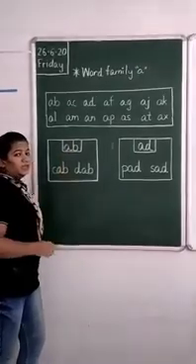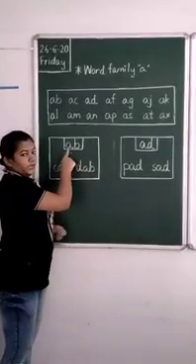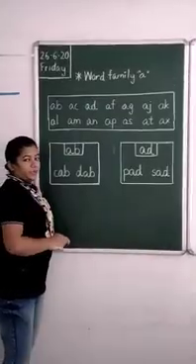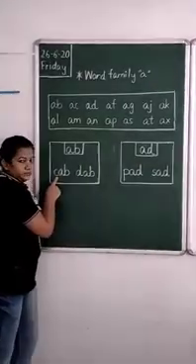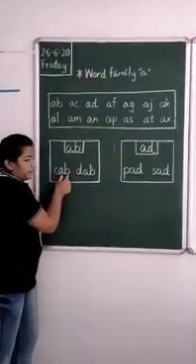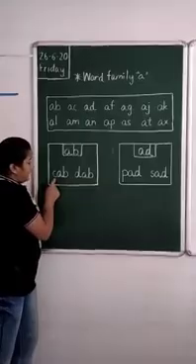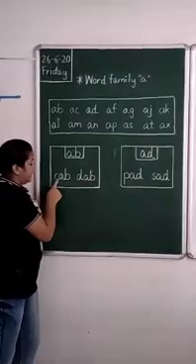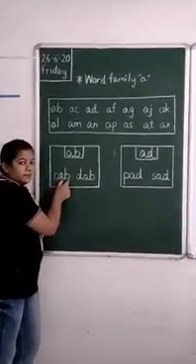Now for making 3-letter words, what do we do? We add one more letter. These are 2, so we have to add one more letter with it. I have added C here. This is your ab, A family, 2-letter ab. With this I have added C. C says k, this is ab.